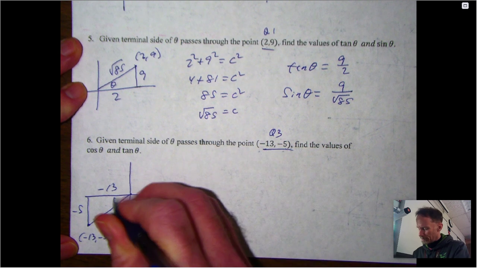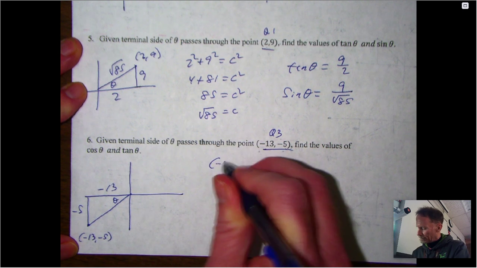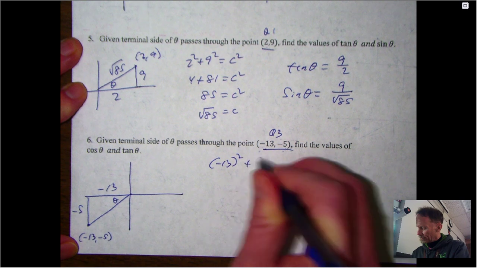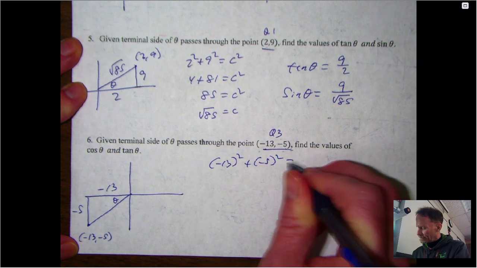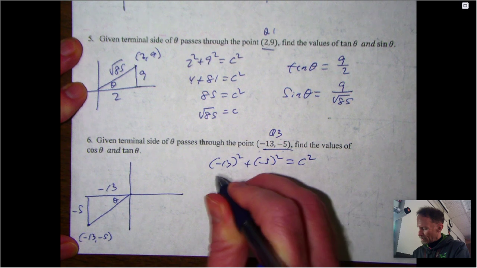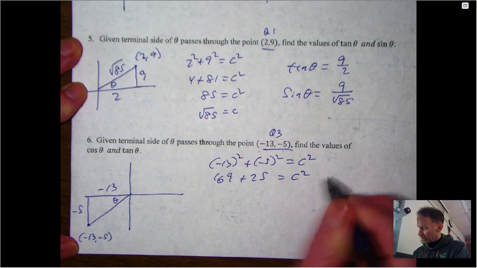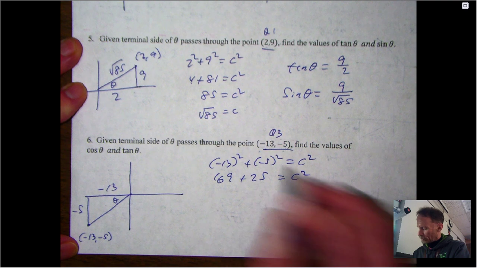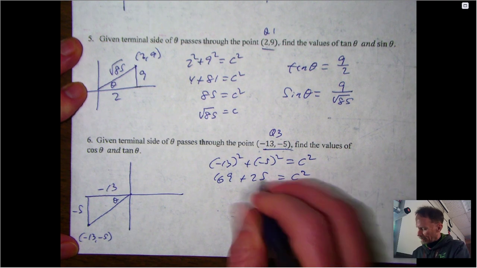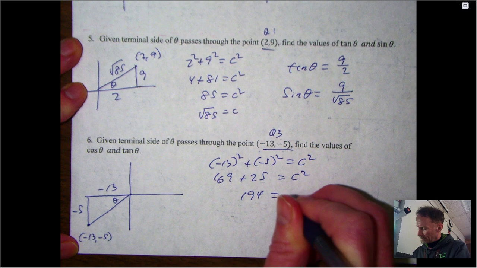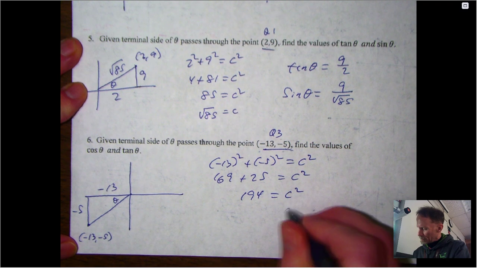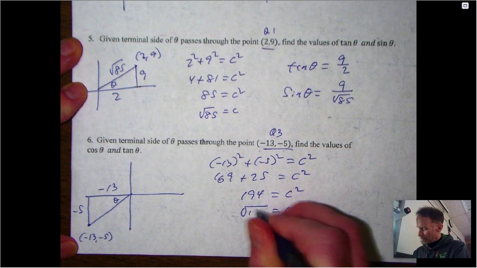Again, it's the hypotenuse. So it's 169 and 25, and that is 194. I think I did that on the first page too, didn't I? I like using the same numbers. So c is √194.